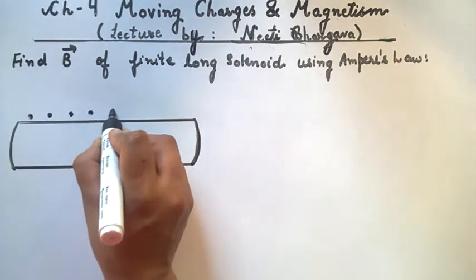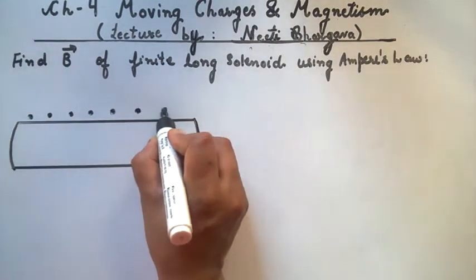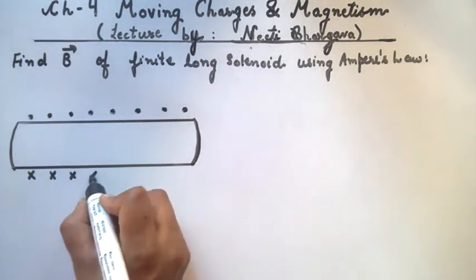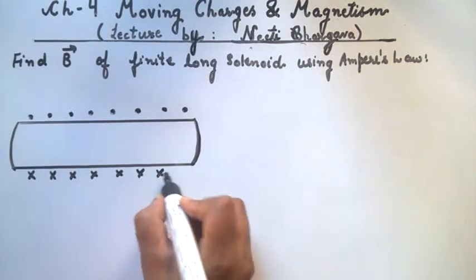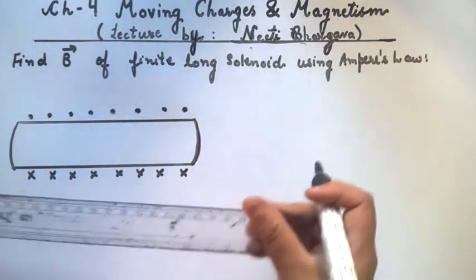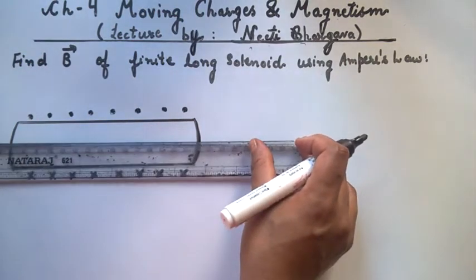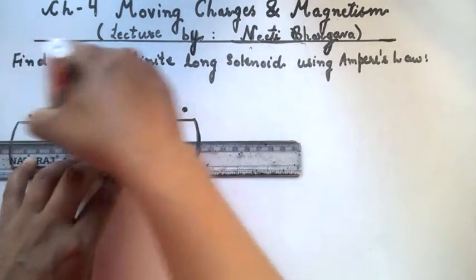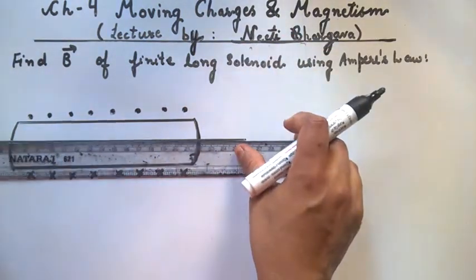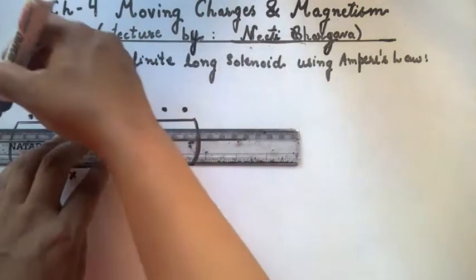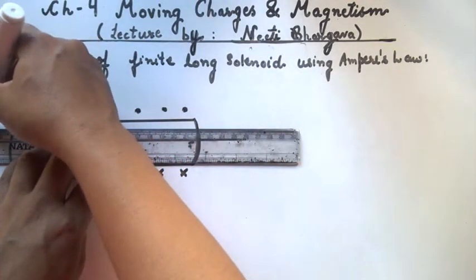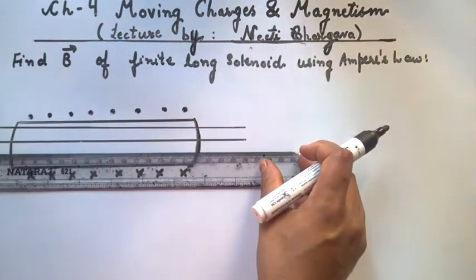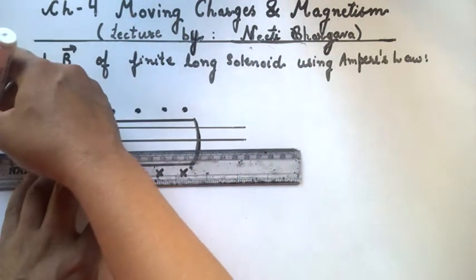A dot shows that the current is coming out of the plane of the paper. By the right hand thumb rule, we can find the direction of the magnetic field, which is uniform inside the solenoid. And to find the value of the magnetic field, we draw an Amperian loop.